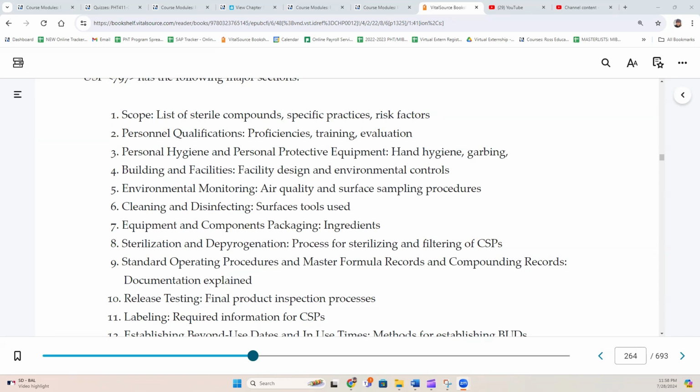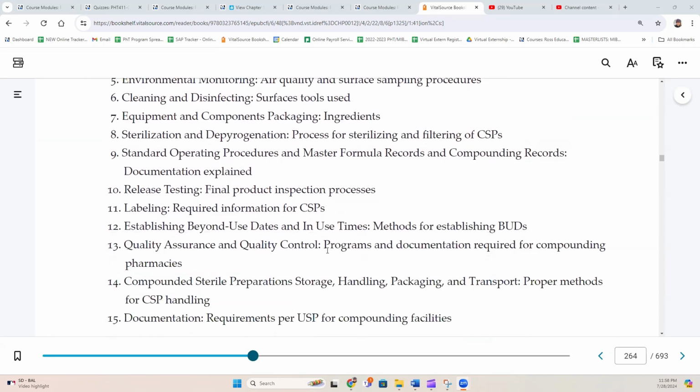8, sterilization, the process for sterilizing and filtering of CSPs. 9, standard operating procedures and master formula records and compounding records.